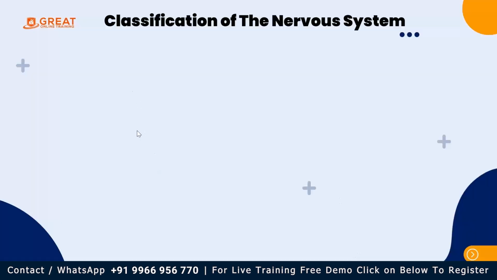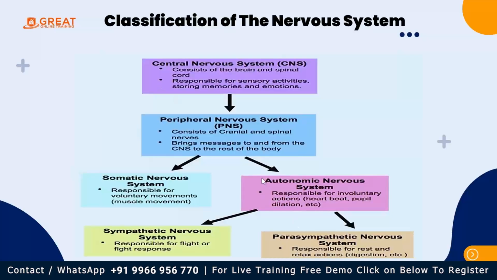And the classification of the nervous system, this is also a good flowchart. The central nervous system, CNS, consists of the brain and spinal cord. Then we have the peripheral nervous system, PNS, which consists of cranial and spinal nerves. It brings messages to and from the central nervous system to the rest of the body.